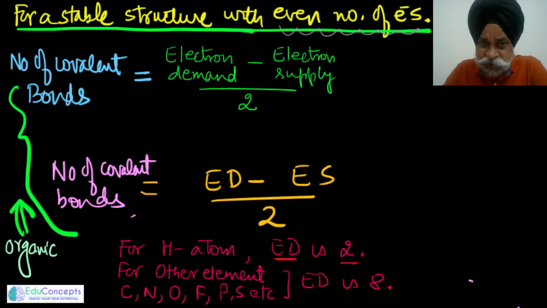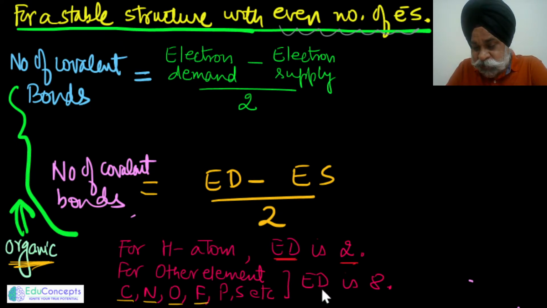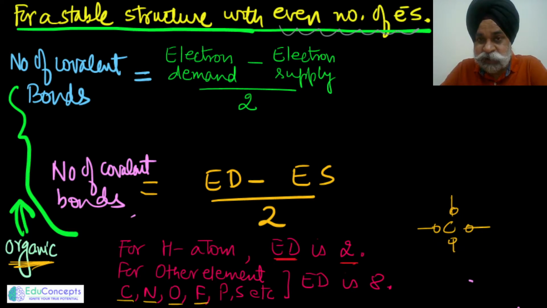For the other elements we require in organic chemistry, like carbon, nitrogen, oxygen, fluorine, all of these are in demand of 8 electrons. For carbon, which has 4 valence electrons, it is in search of 4 more so that it could complete an octet of 8 electrons.